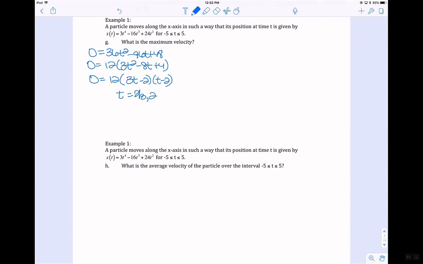To figure out which one is my maximum velocity, what I need to do is use my chart. So I'm going to do my chart, and it's going to be with acceleration.